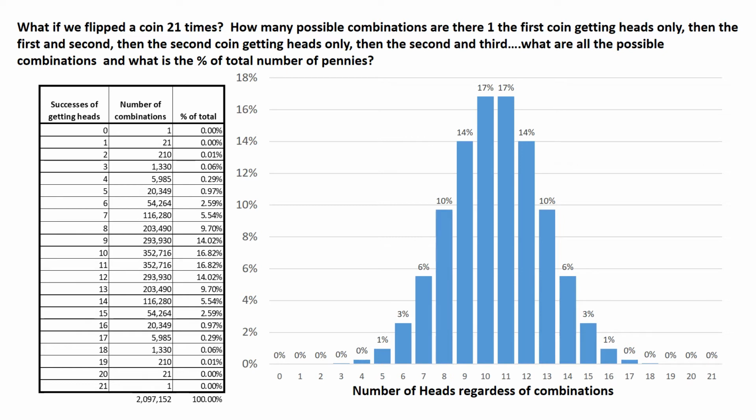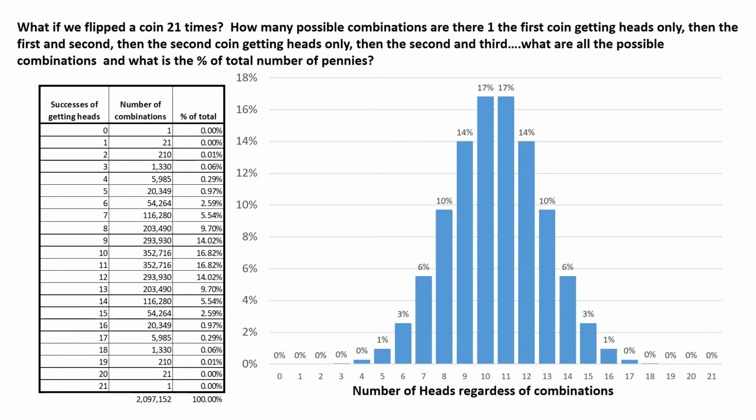In fact, at getting 10 out of 21 heads or 11 out of 21 heads, there's 352,716 combinations here. And when I do those percentages as before, by the way, there are 2,097,152 combinations total, and you can see what's the percentage of one out of 2,097,152.